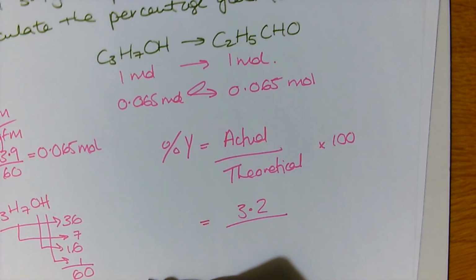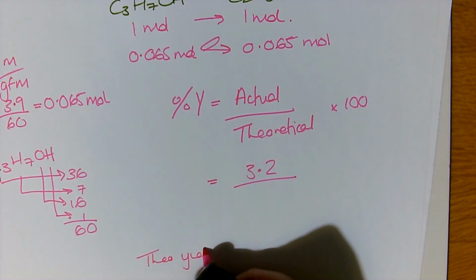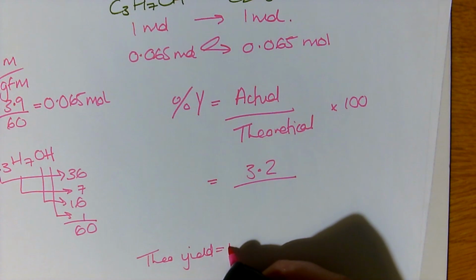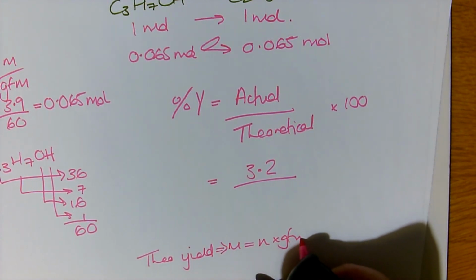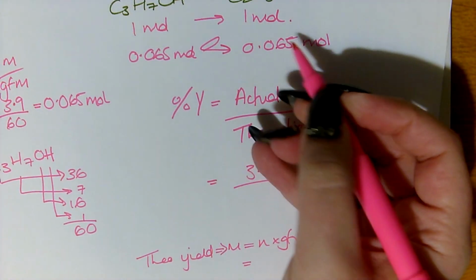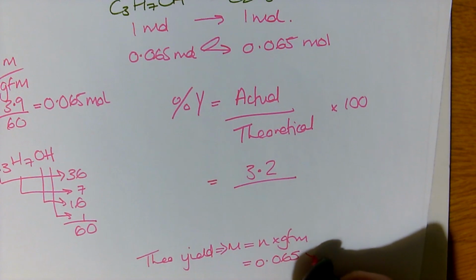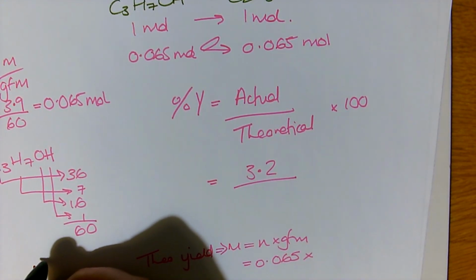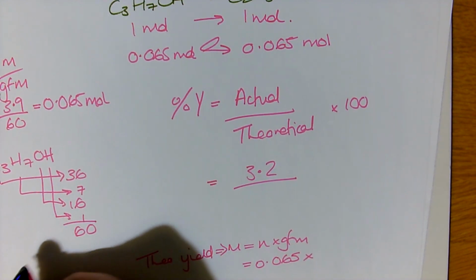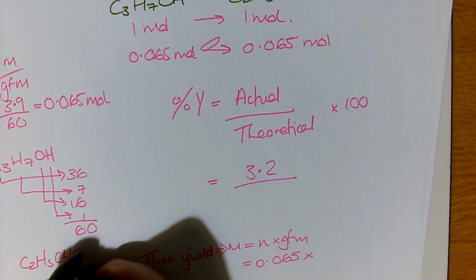So for our theoretical yield, we're going to do mass equals number of moles times GFM. We know the number of moles, so 0.065 moles, and we're going to times that by our gram formula mass. So you need to do the working for your gram formula mass of your propanal, C2H5CHO.